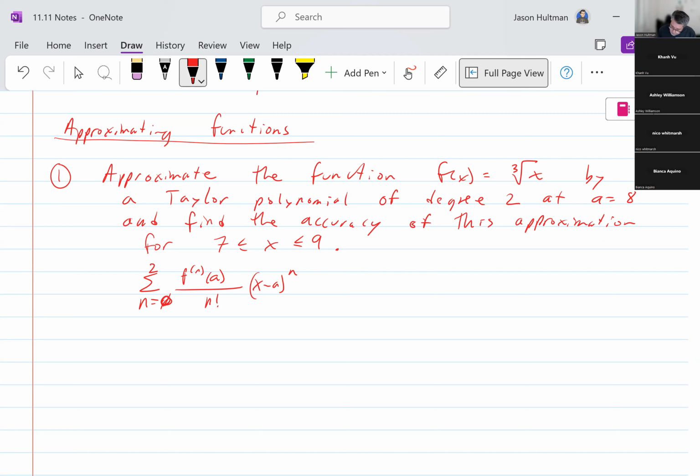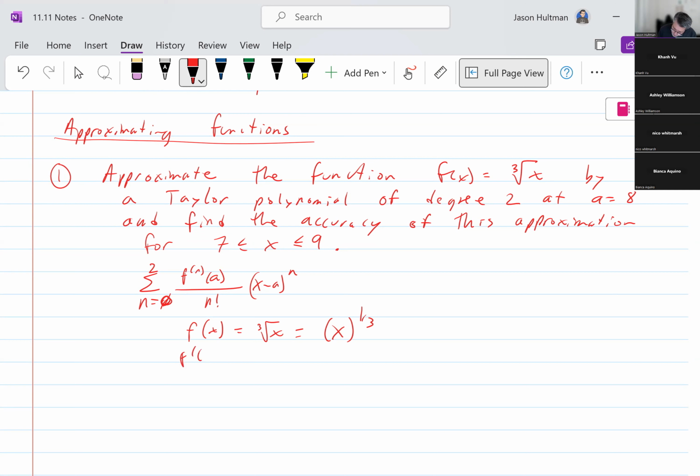Okay, so let's get our derivatives. We want our function, obviously. Okay, f of a. Well, let's just do f of x first. It's easier. f of x is equal to the cube root of x, which is equal to x to the 1/3 power.